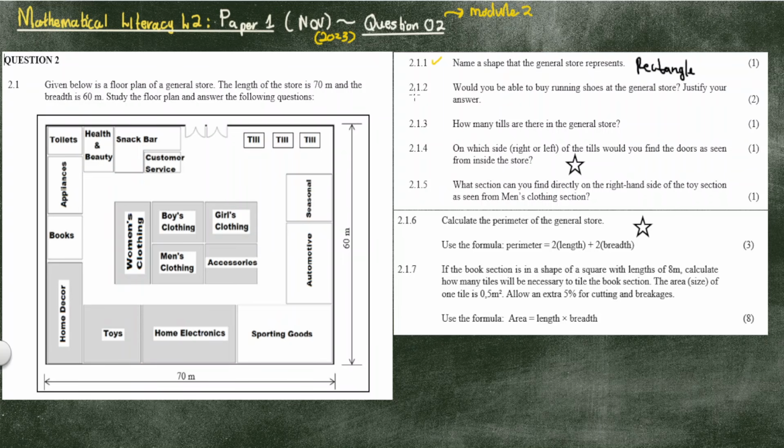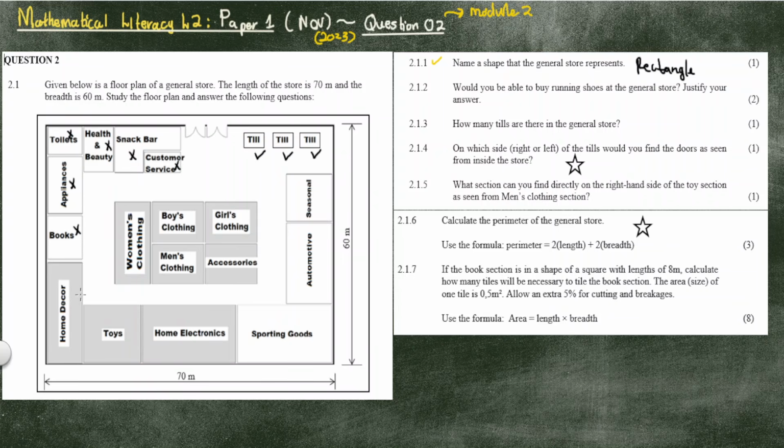2.1.2. Would you be able to buy running shoes at the general store? Justify your answer. Right here we have a snack bar, customer service, health and beauty, toilets. Why are there toilets here? I guess we'll never know.